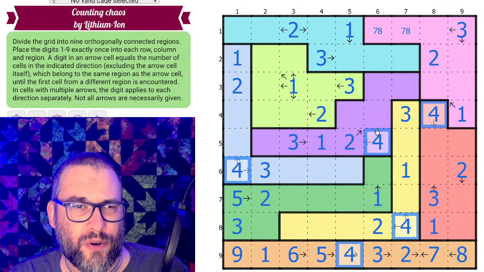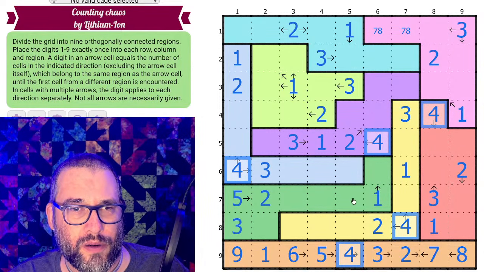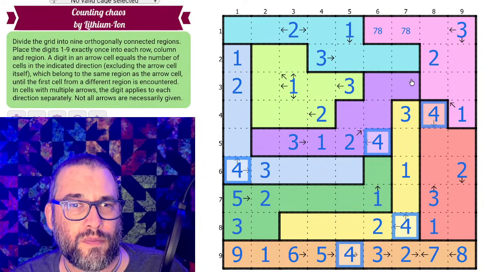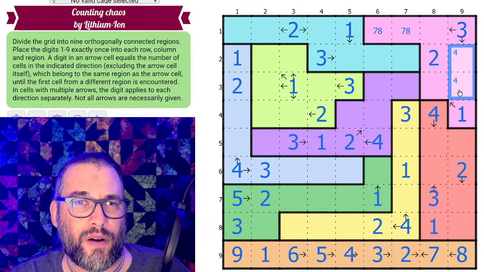Were we looking at 4s? Can we do much with 4s? Green needs a 4. Pink needs a 4 in column 9.